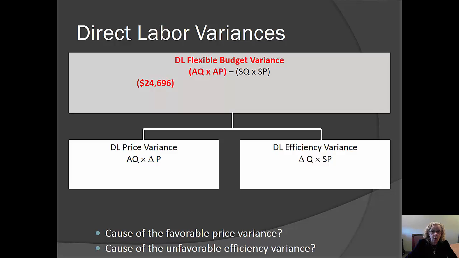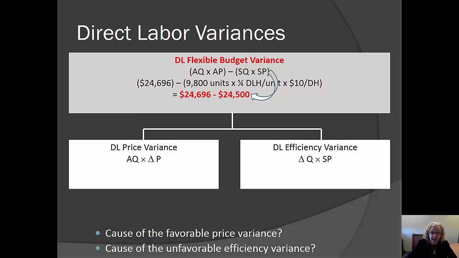Now we have to figure out what would be the standard cost on the flexible budget. The standard quantity for labor at the actual level of activity would be the 9,800 units that we made times the amount of labor that we budgeted for each unit, a quarter of an hour each. And then to determine the total standard cost, we would multiply that by $10 per labor hour.